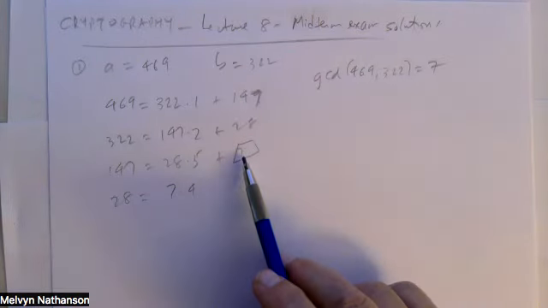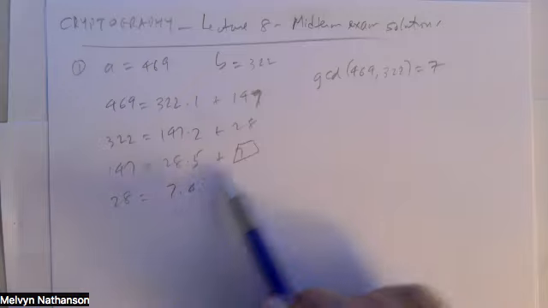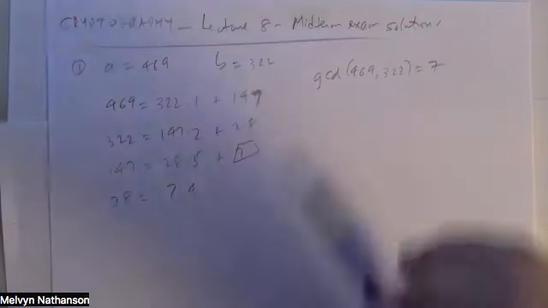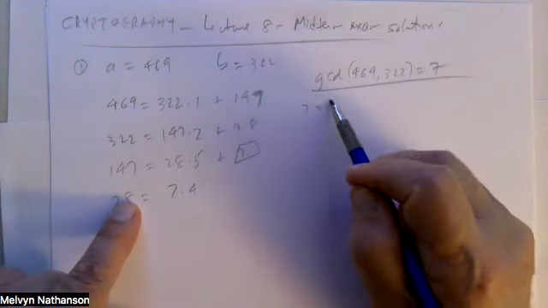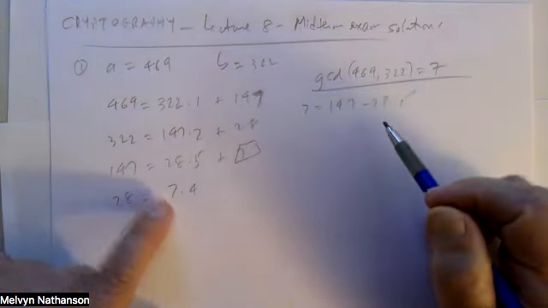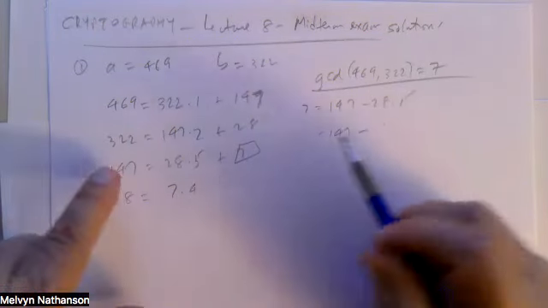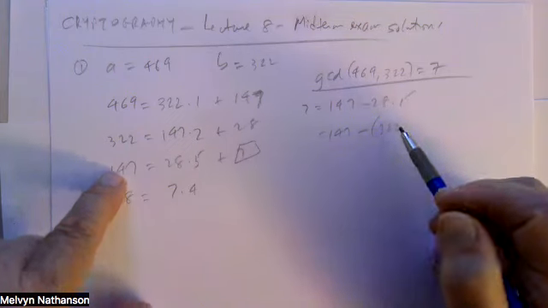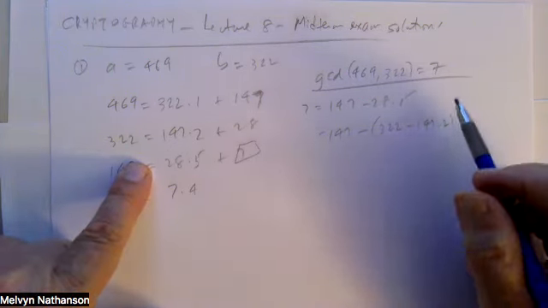And then we want to work the Euclidean algorithm backwards to write 7 as an integral linear combination of 469 and 322. So let's see. 7 is 147 minus 28 times 5. And 28 is 322 minus 147 times 2.